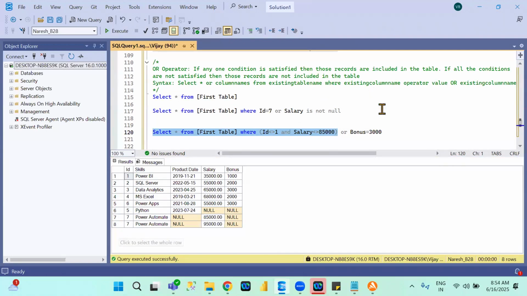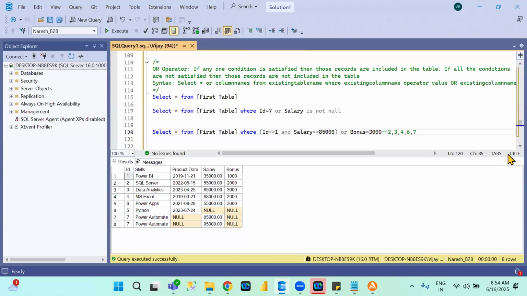Understand or not? In this one, bonus is equal to 3000. What records are there? How many records are satisfied in this one? In the first two, that means I'm writing C here, 2, 3, 4, 4, and 6. After that, 7, 1, 7, right? 1, 7 need to be satisfied, right? Okay.